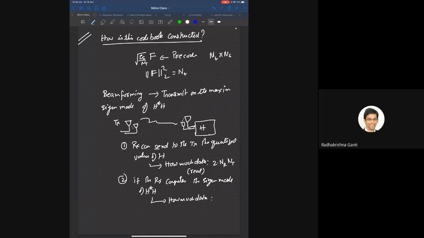Two Nt, correct. Technically, it will transmit 2Nt minus 1 because you also have the norm constraint, so you don't have to transmit all the coefficients. You can reduce one coefficient, but that's okay. Approximately 2Nt samples it has to send. But in this second case, the Rx has to compute the product H star H and then compute the eigenmodes for that. So now you can immediately see that there's a huge gap between these two.